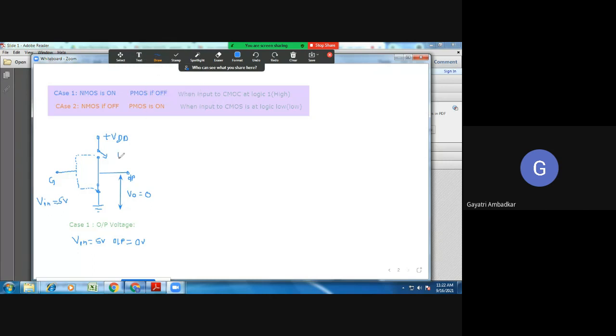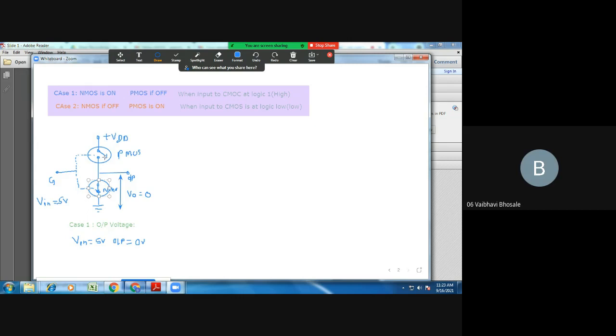This was your PMOS. This was your NMOS. I have represented this by open switch and this by closed switch. Now in second case, when you are applying input 0, what will this PMOS be replaced by?